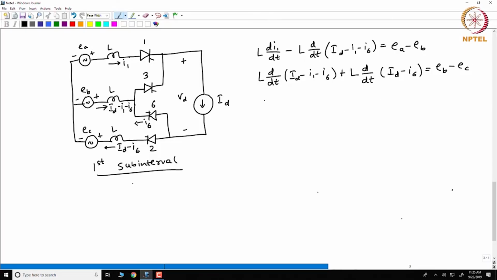So this can be written as a matrix times di1 by dt, di6 by dt.